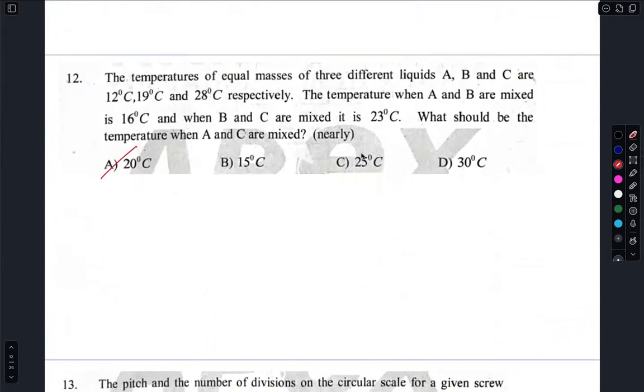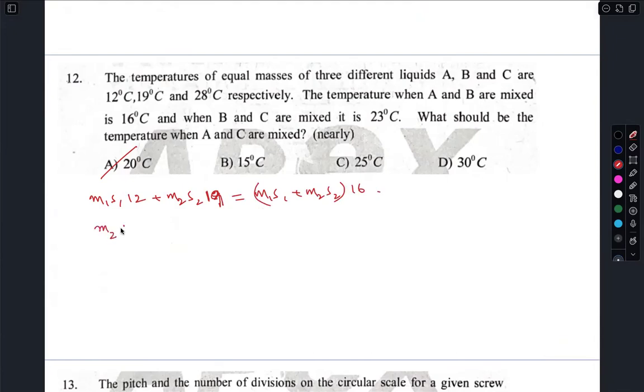The temperatures of equal mass of three liquids A, B, and C are T1, T2, T3. The temperature when A and B are mixed is 16 degrees. B and C, of course, I cannot skip all. Okay, hold on. I have some data now. M1S1 times 12 plus M2S2 times 19 can be written as M1S1 plus M2S2 times 16.